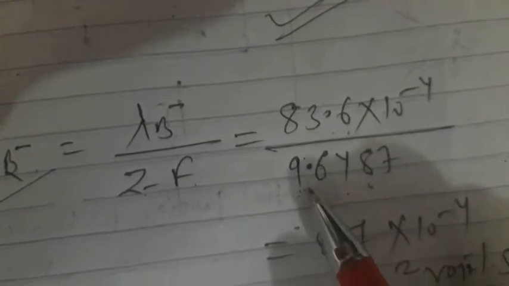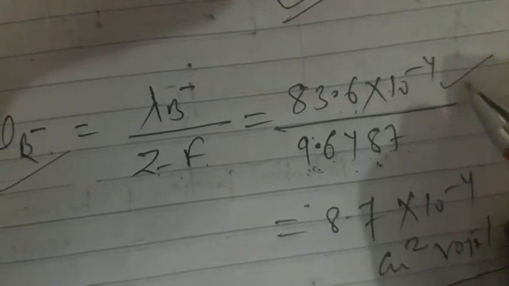This is the unit of mu, and now mu minus is equal to lambda minus by z minus F. This is 83.6 given, and similarly F is the Faraday constant, 9.6487 into 10 to the power 4.